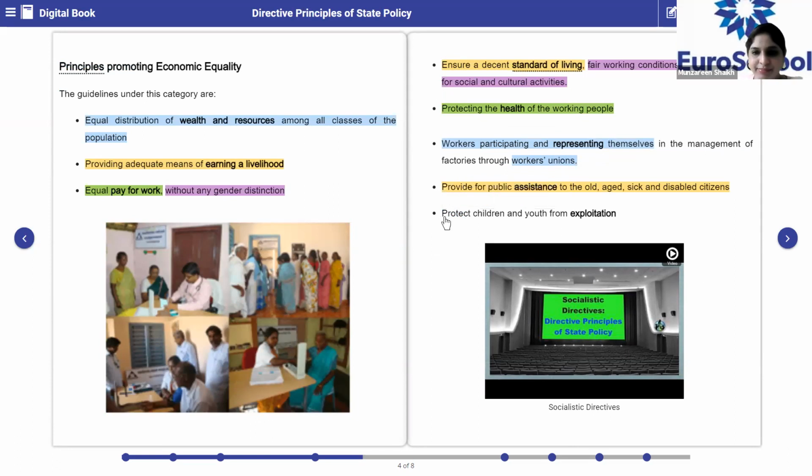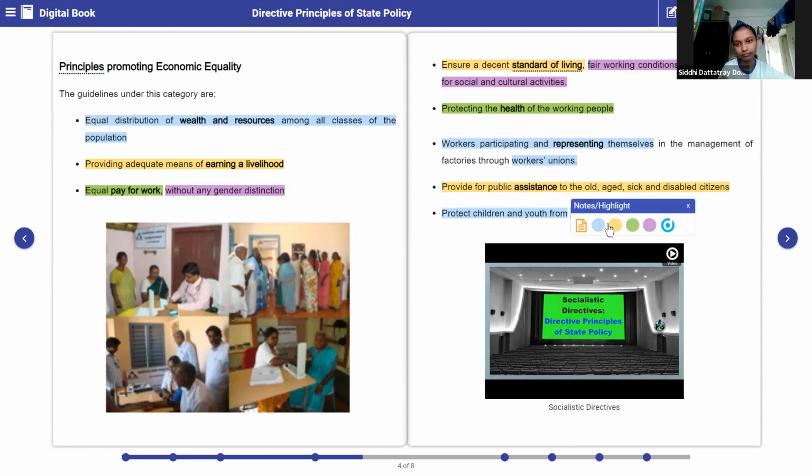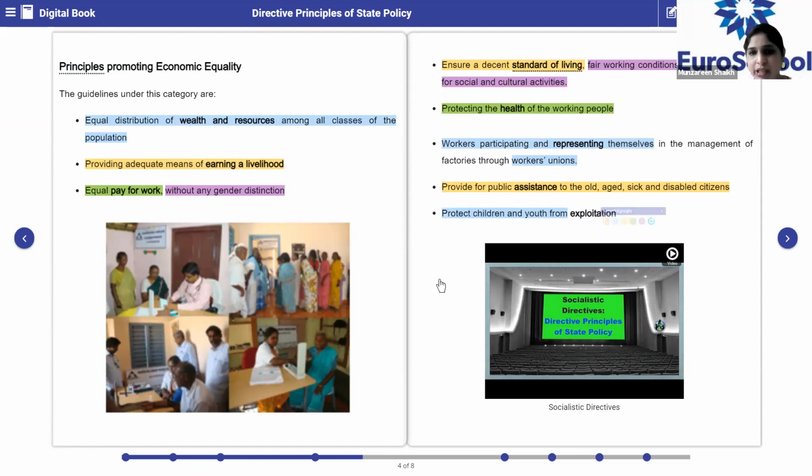Last one, protecting children and youth from exploitation. So I hope you all understood these principles. And remember, all these principles are related to economy, that means related to economic equality. Let's go on to the next page.